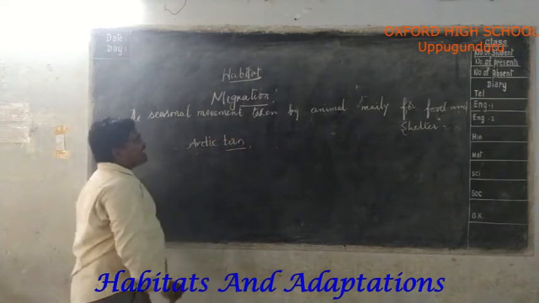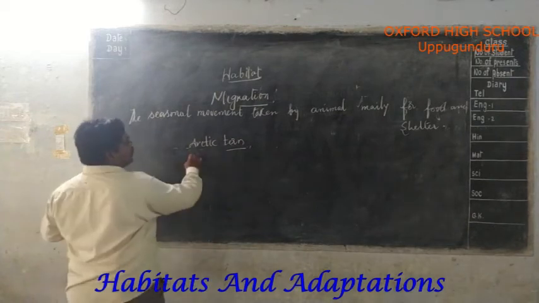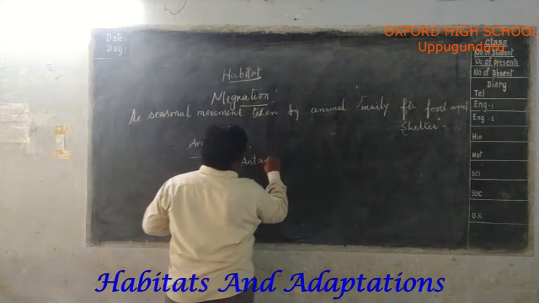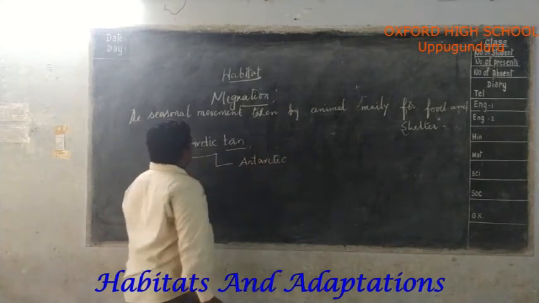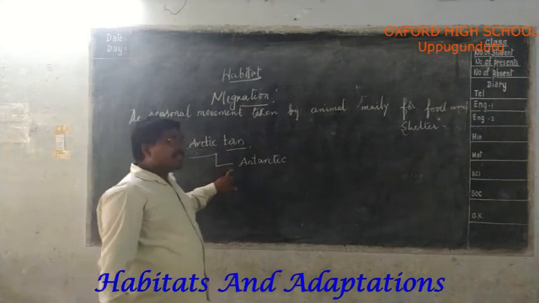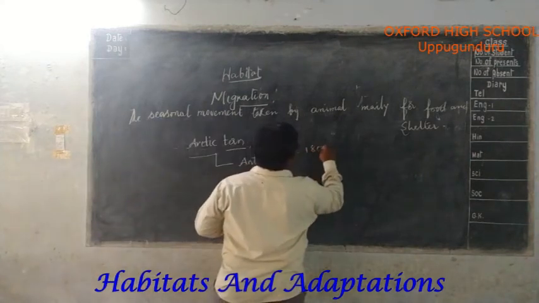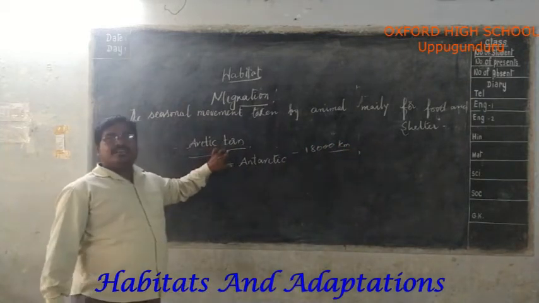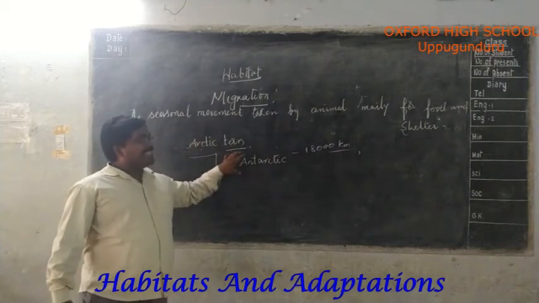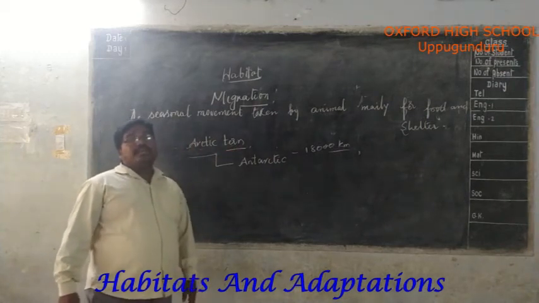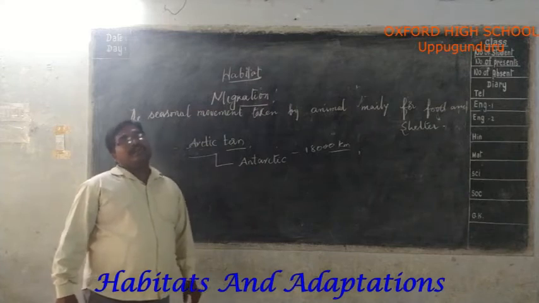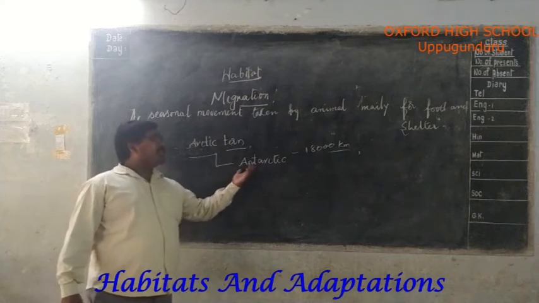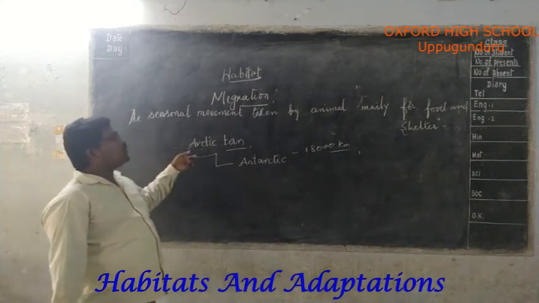A bird named Arctic tern migrates from the Arctic to Antarctica, which is nearly 18,000 kilometers, especially in the summer, and back. When the summer starts in the Antarctic, at that time it starts to come back to the Arctic.